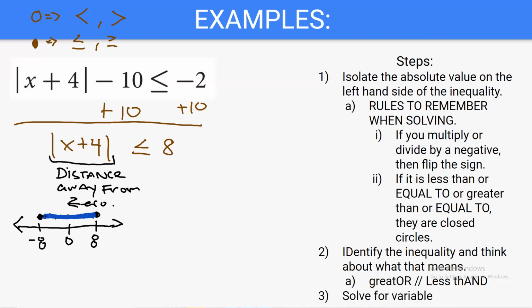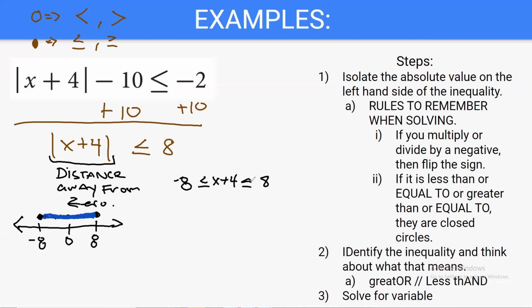So what we have to do is put whatever is in my absolute value, x plus 4, in the middle. And then on my left-hand side, I'm going to put -8. My right-hand side, I'm going to put 8. And then put less than or equal to, less than or equal to.